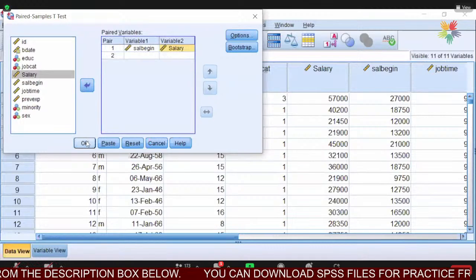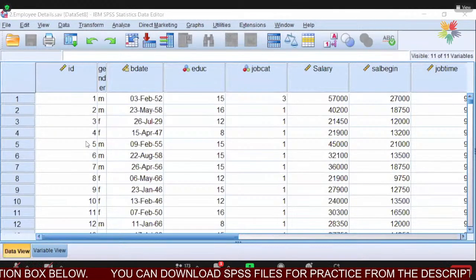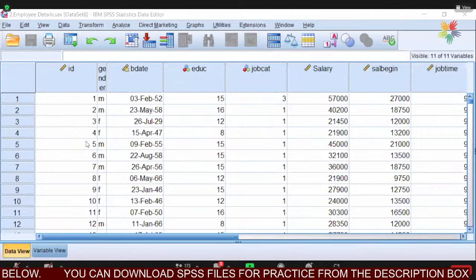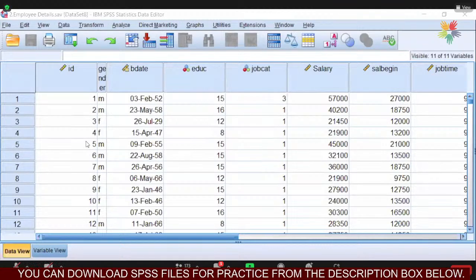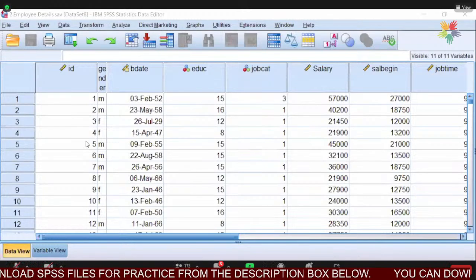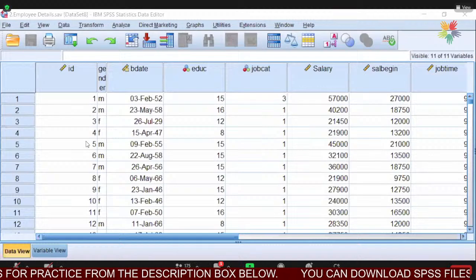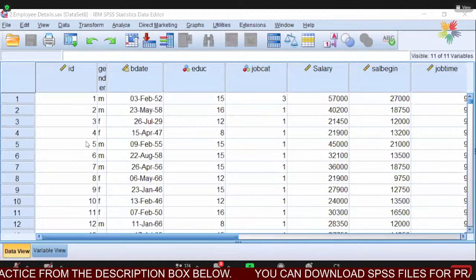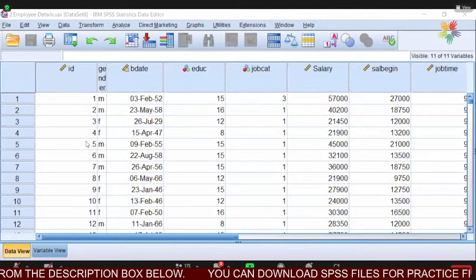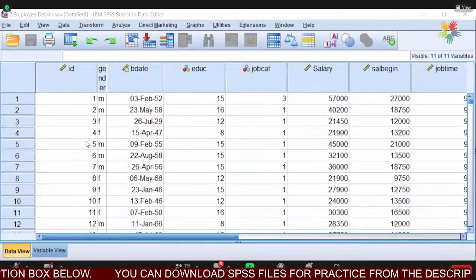Say okay. Since we are taking two variables, it will produce correlation also. We are not interested in correlation. Now let us go here. See, there is a difference. The significance value is 0.00, which means there is a difference.